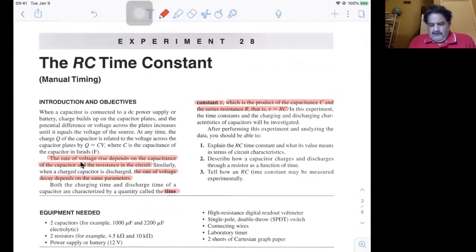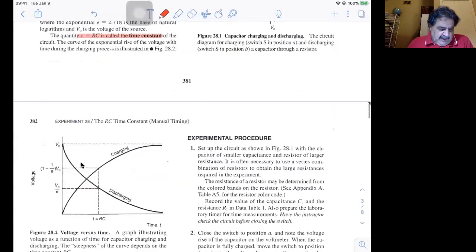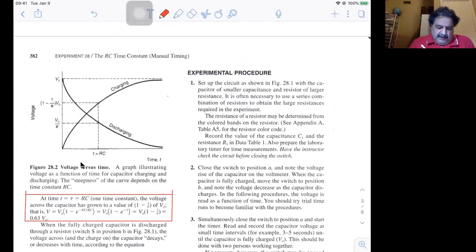Whenever you have a capacitor and a resistor together, the resistor times the capacitor forms a time constant. A single time constant is the point on a rising charge curve that looks like this, and the time constant is the point at which you are at 63% of the total available voltage.